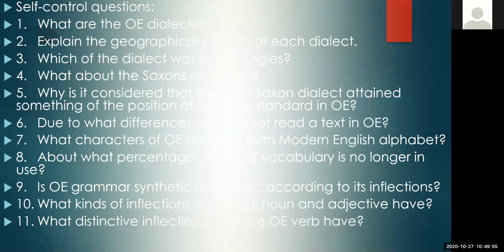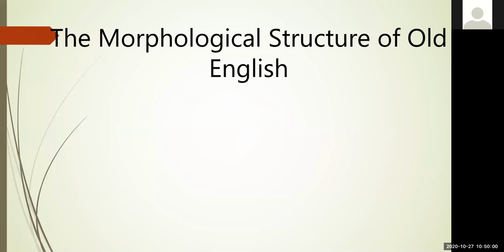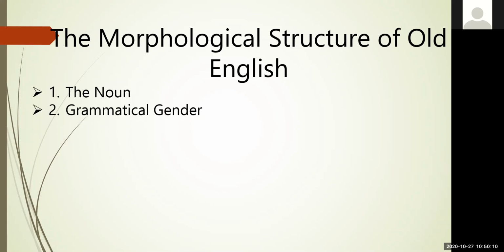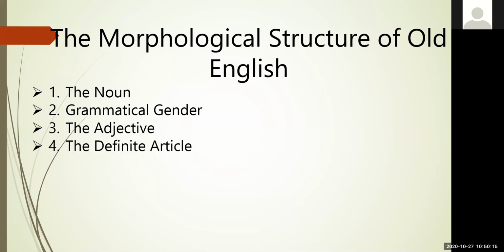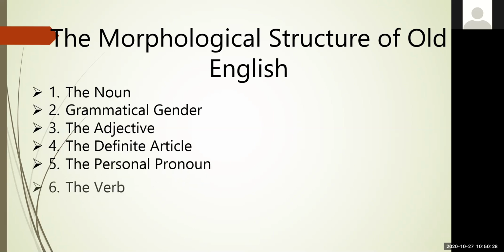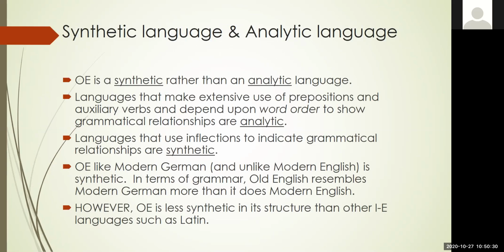I'm asking this question for the reason that our today's topic is closely related with the morphological structure of the Old English period, where we are going to discuss how synthetic formation is expressed in noun, in the grammatical gender of different parts of speech, in adjective, in the article, though the meaning of definite article is closely related with demonstrative pronouns in the Old English period. Personal pronouns will be analyzed in today's lecture.